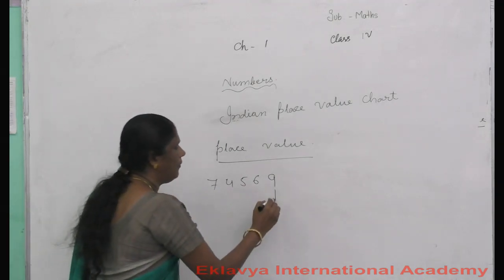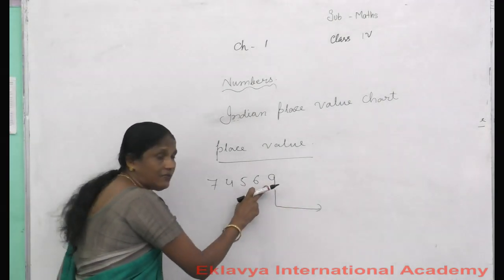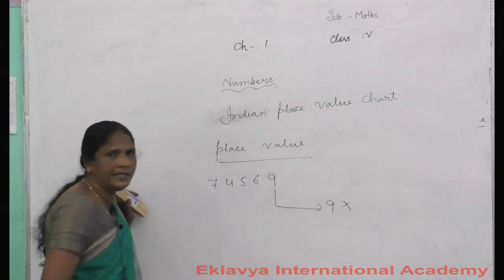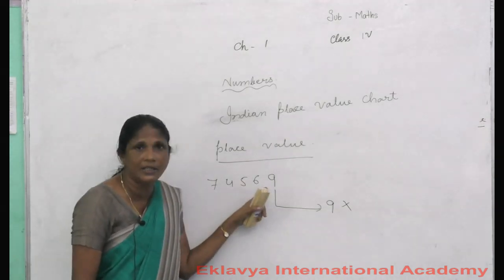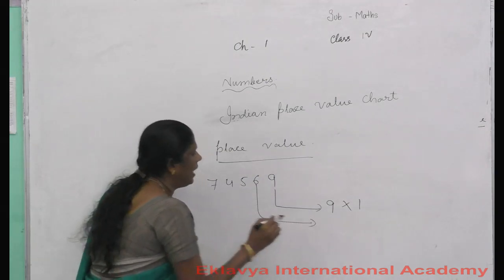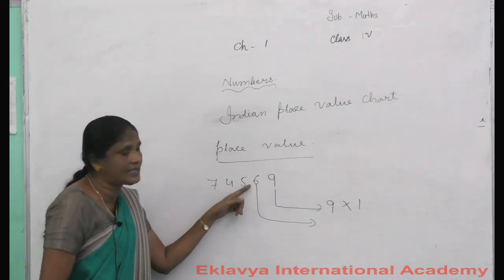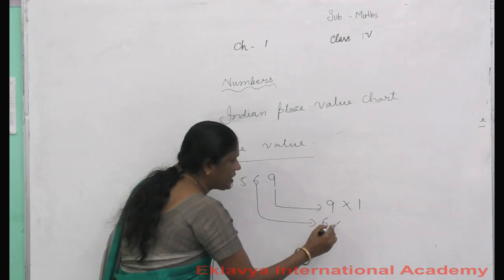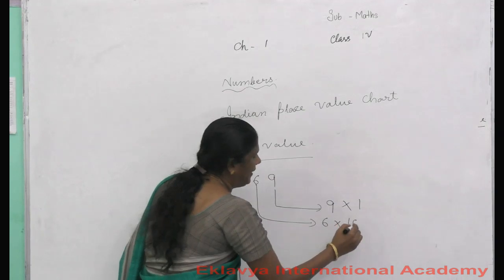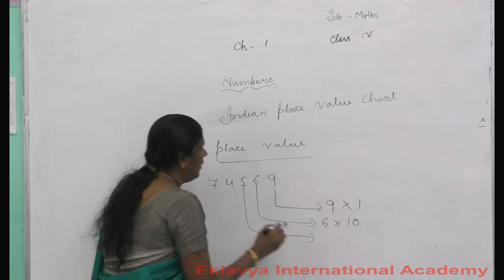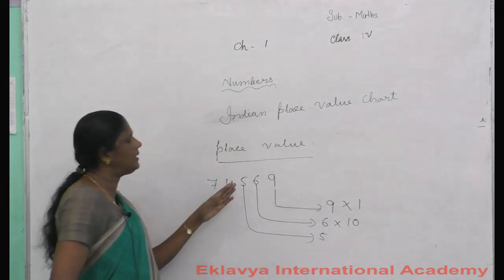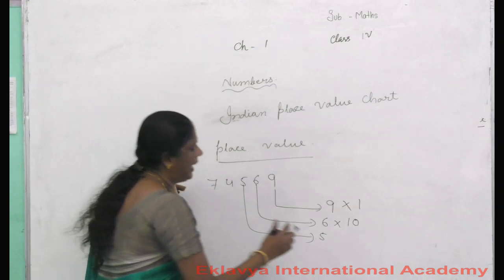For example, the face value of 9 is 9, multiplied by which place 9 sits? One's place, so 1. Then the face value of 6 is 6. Which place does it sit? 10. Then the face value of 5 is 5. Which place does 5 sit? 100.